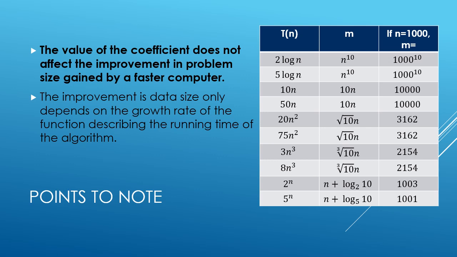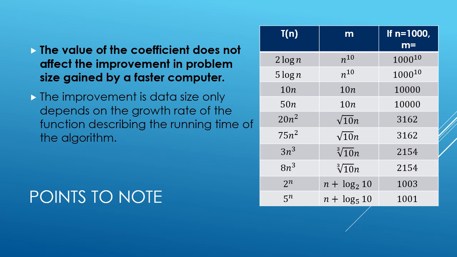When we looked at two logarithmic functions, no matter how their coefficients changed, the improvement in problem size was the same. When we looked at two linear functions, even though the coefficients were vastly different, the improvement in problem size was the same. The same thing happened for quadratic functions.